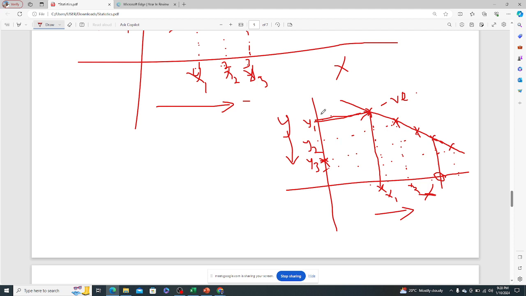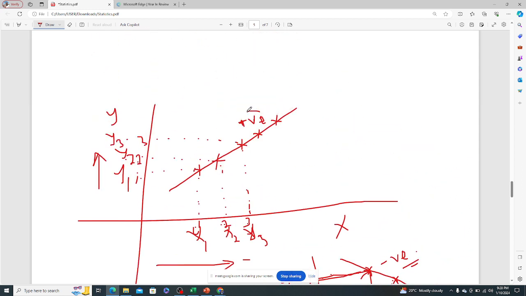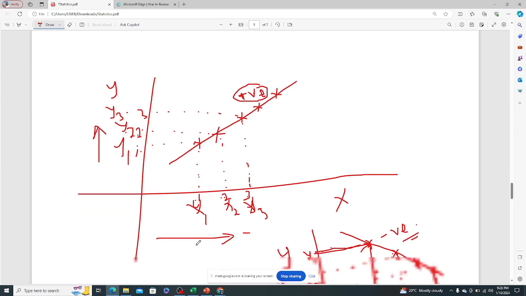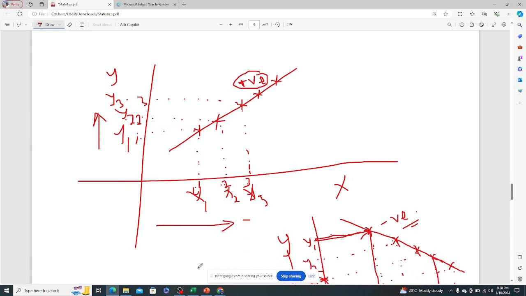One variable is increasing while the other is declining. So this becomes the negative value, and this one becomes a positive regression value. All right. Okay, good. Let's continue.